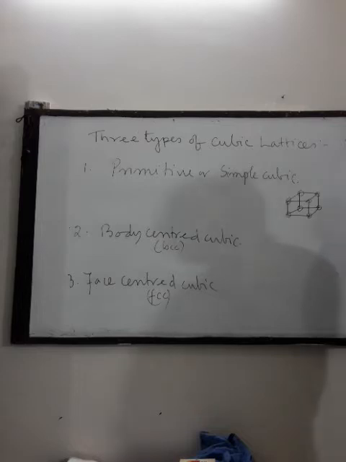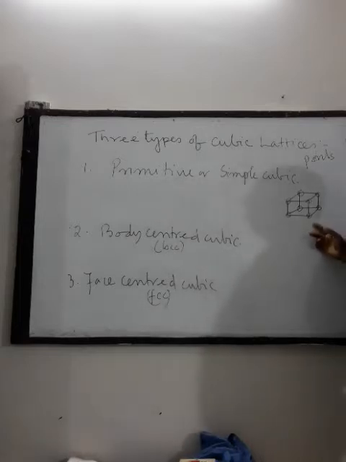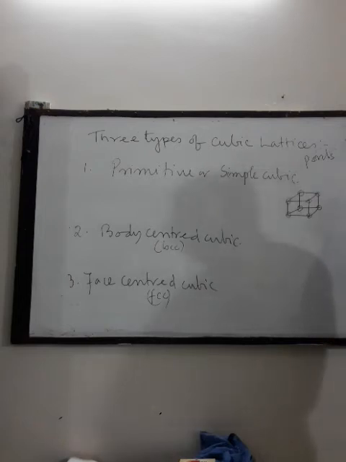So what is primitive or simple cubic unit cell? If atoms, molecules or ions, known as points, are present only at the corners in a cube, then such unit cell is called primitive or simple cubic unit cell.